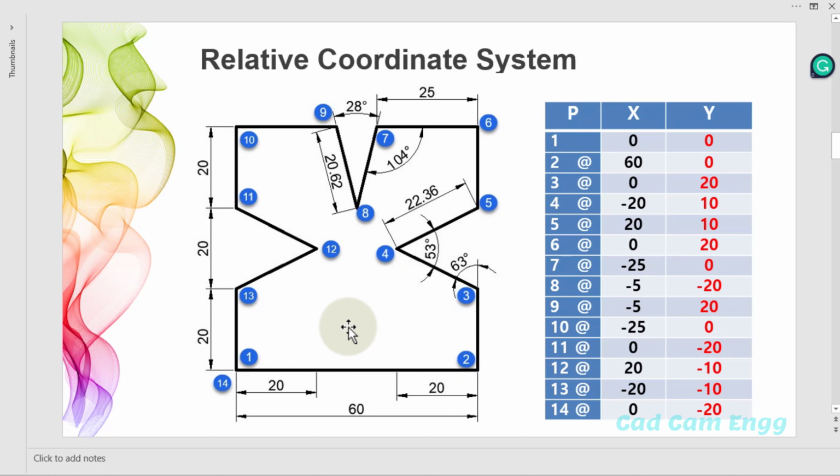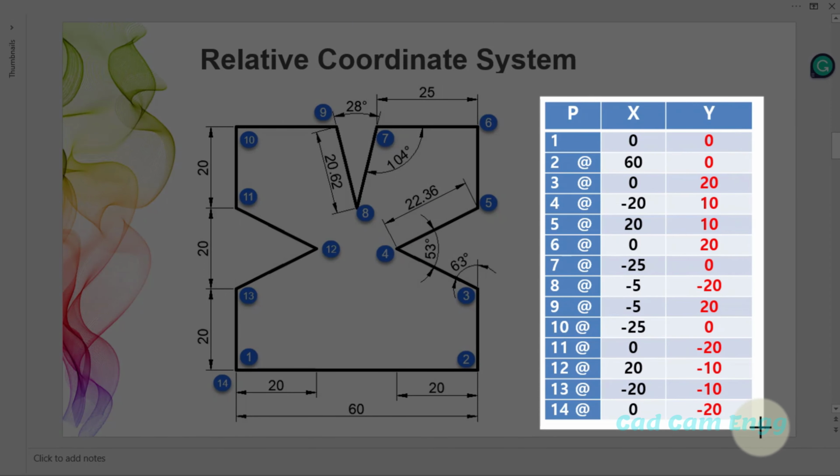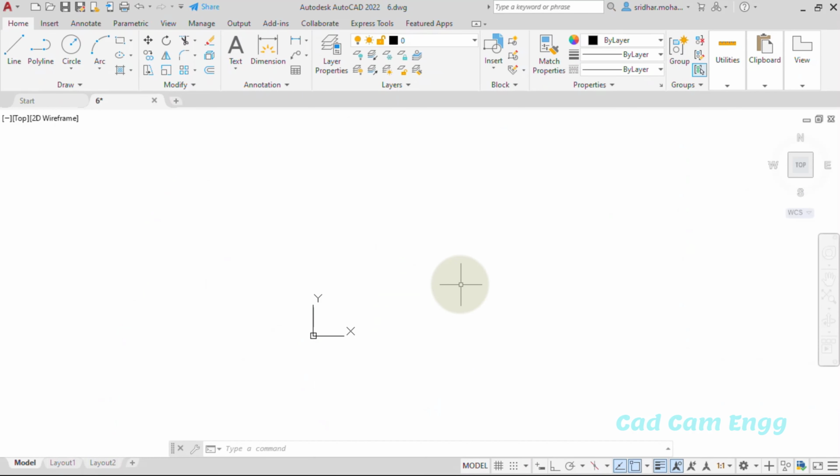Now I take a screenshot of this table, and paste the same table into AutoCAD software, then we check how the sketch appears. So now I open AutoCAD software. I already set the zoom, limits, units and all. Before starting, you also please give these important commands.